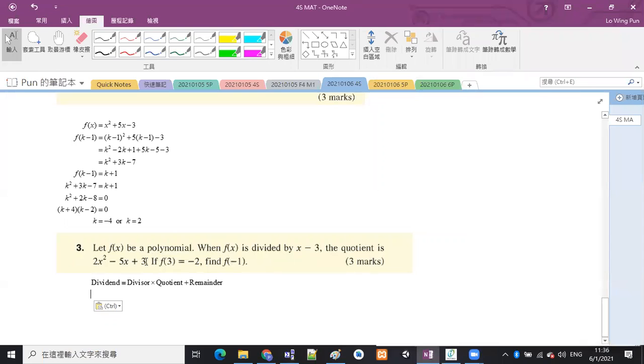And then the quotient will be this. But it did not mention what the remainder is.